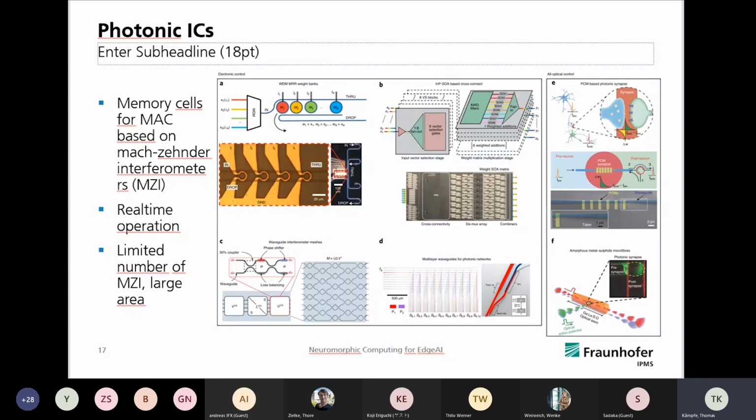Nevertheless, these implementations are interesting because they are extremely fast and can also be very energy efficient, because the energy which is consumed over the weight cell is very, very small.